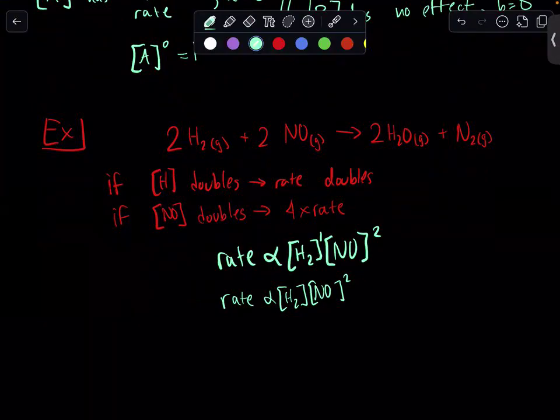So that is determining the rate equation from given data or given proportionalities.